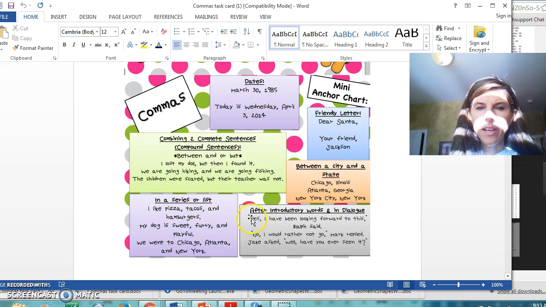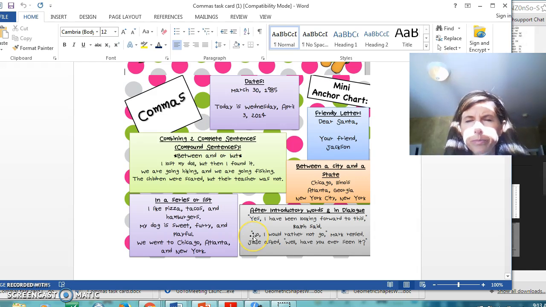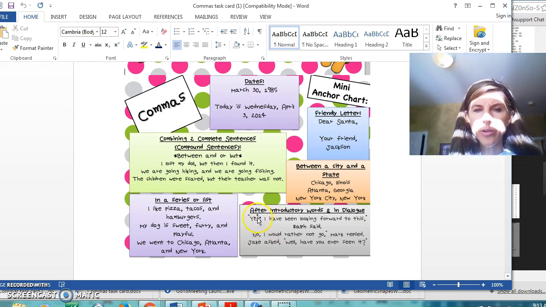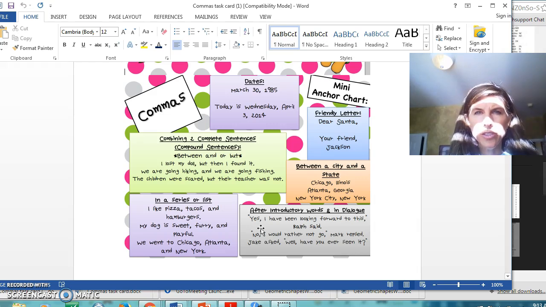We've talked about that. And then we just started working on commas in dialogue or quotation marks. We've also worked with commas after the word yes or no when answering a question. Yes, I have been looking forward to this, and there's a comma here.